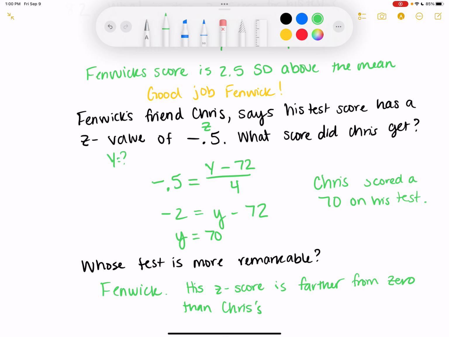Obviously, Fenwick scored higher, so I would hope that to anybody he would be considered more remarkable, but if we were just looking at z-scores, that would also be the case.